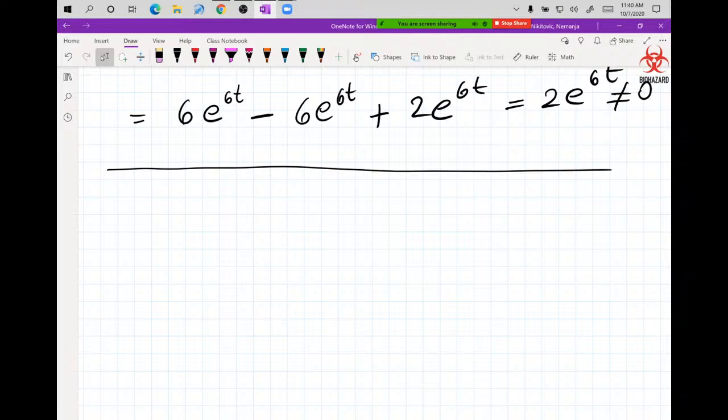Now, what if you had a repeat, which is something that we also learned last class? So let's say you have a 3rd degree equation or a 7th degree equation, whatever, with a repeat. Let's say your equation had (r minus 2) cubed equal to 0.